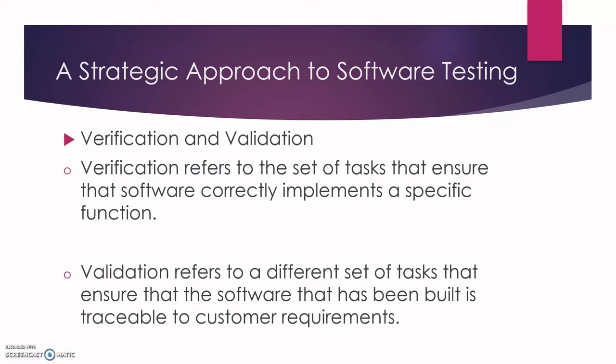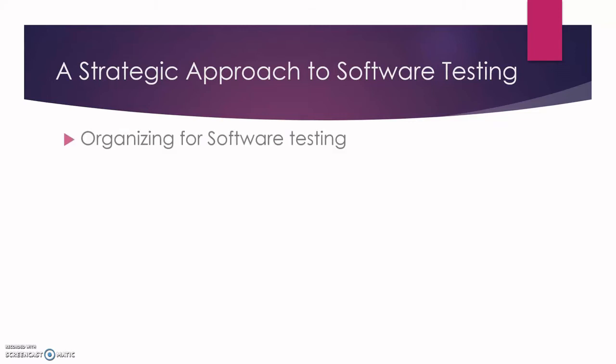V&V includes a wide array of software quality assurance activities: technical reviews, quality and configuration audits, performance monitoring, simulation, feasibility study, document review, database review, algorithm analysis, development testing, usability testing, qualification testing, and acceptance testing, and at the last and final, installation testing also.